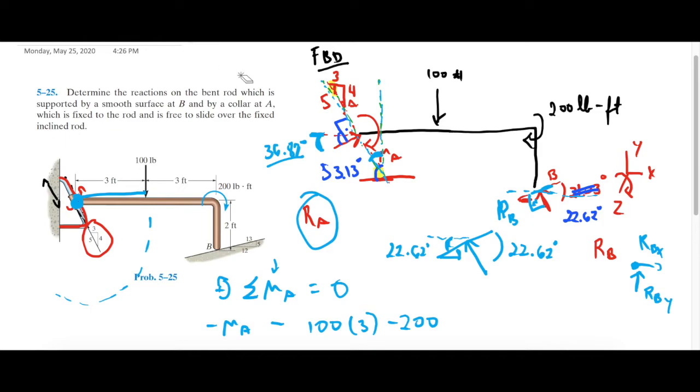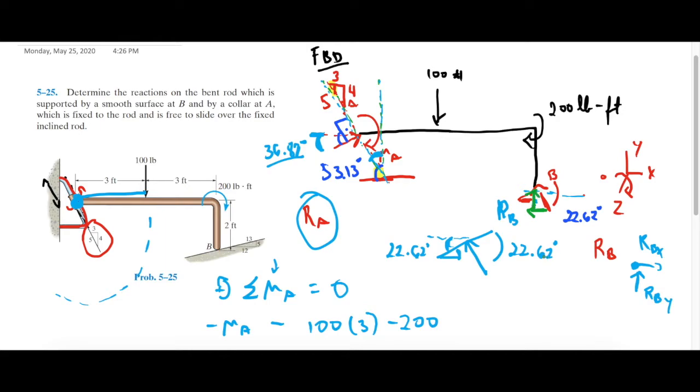Let me erase some of the craziness that I got going on here. The angle was important. So let me see here how I can make this better for us. Okay, so if I split that guy into components, I'm going to have one going this way and one going up.